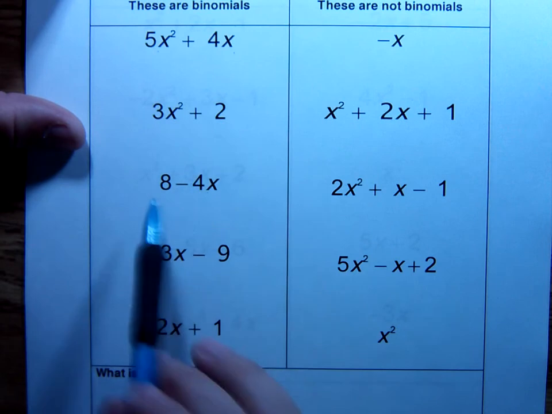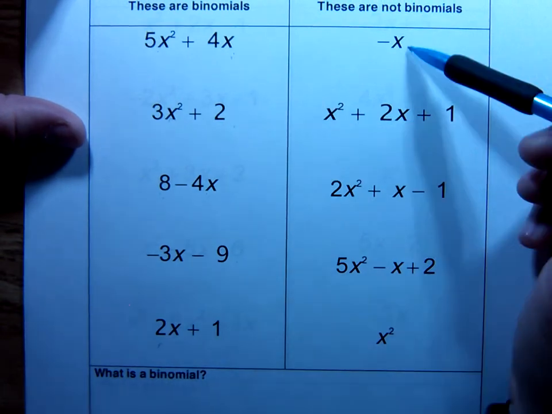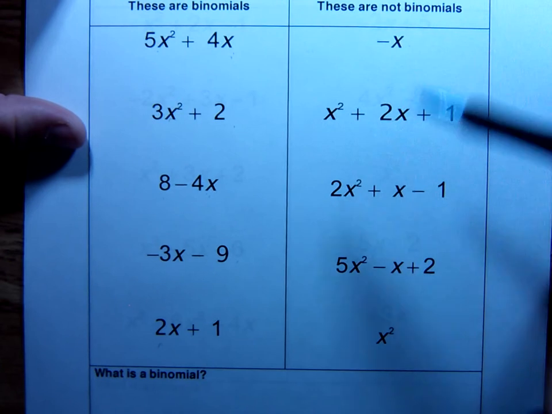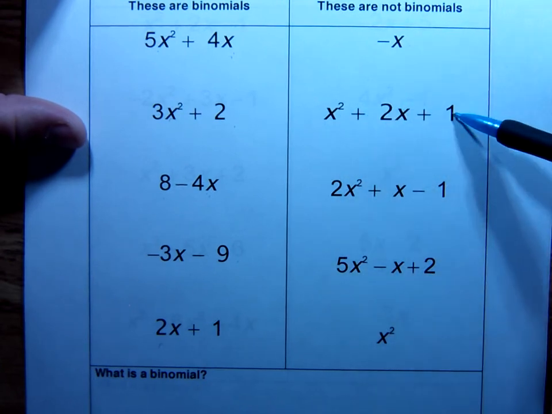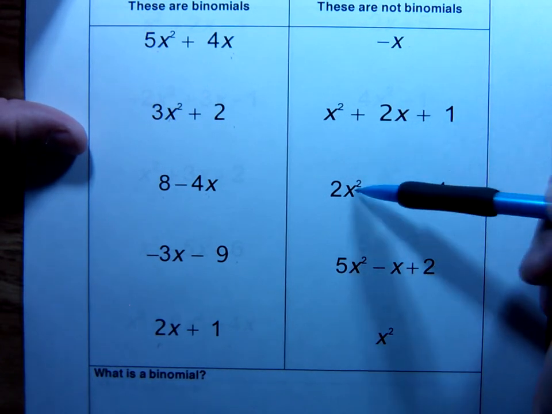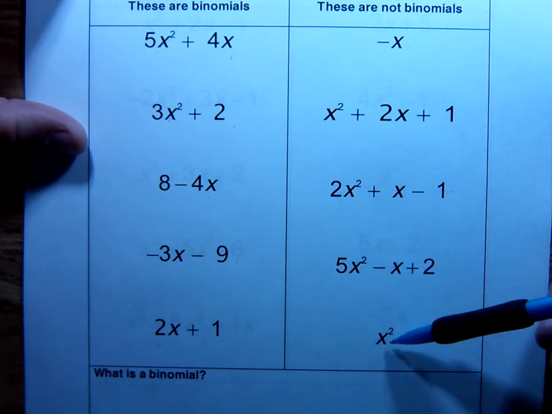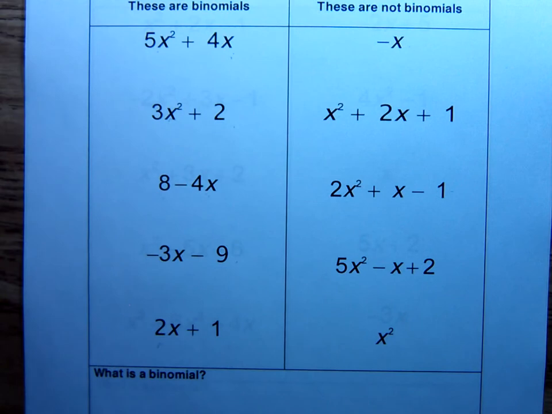Those are all binomials. There's two terms. What is this? There's three terms here, so it can't be a binomial. We don't call a three-wheel bike a bicycle. We call it a tricycle, so that's not a binomial. This is three terms. So those are not binomials. This is one term, so that's a monomial.